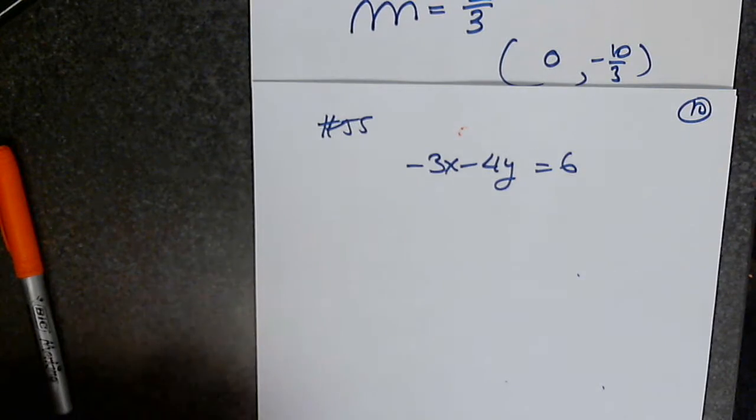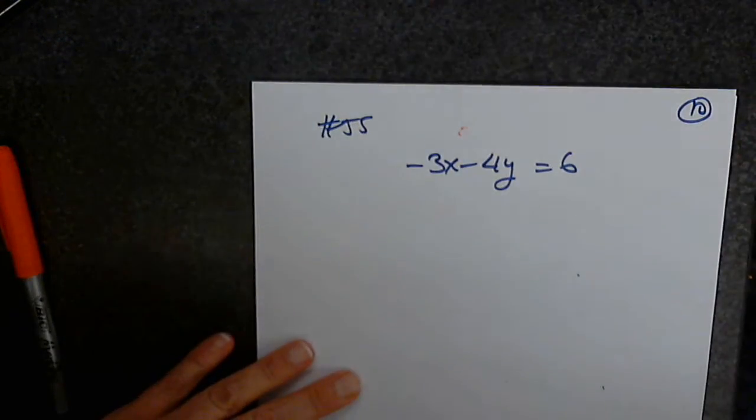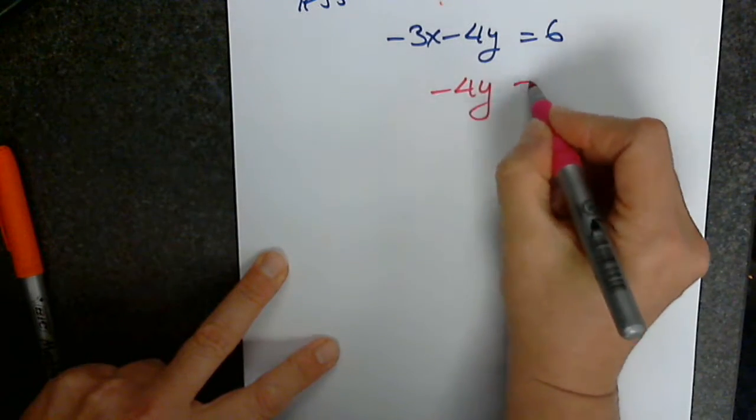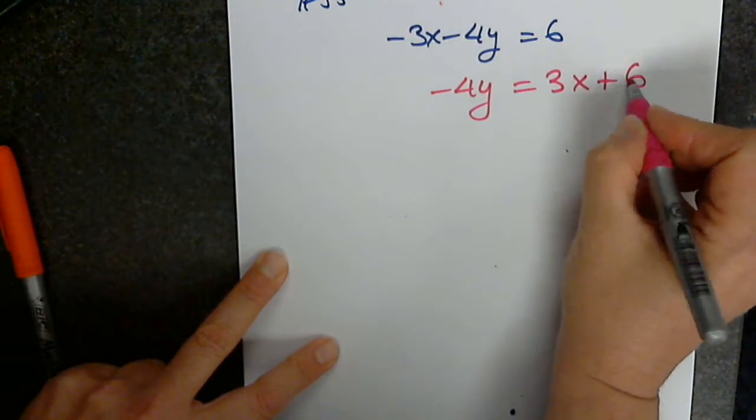Can anyone get us started? Add 3x to both sides. -4y equals 3x plus 6.